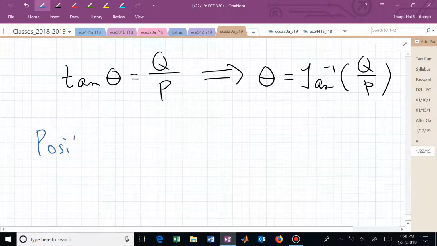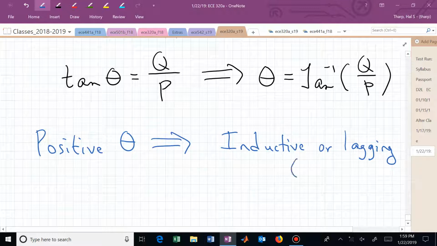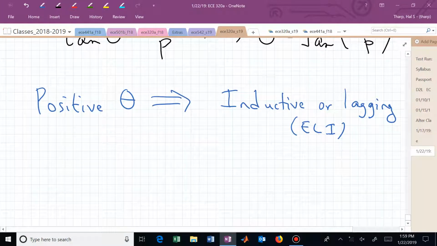Likewise, one more piece of information is that if that angle theta is positive, Q is positive, and that corresponds to a load that looks more inductive, or a load that has a current that's lagging the voltage. And we can see that if we just write down ELI and see that the current is following or lagging the voltage.